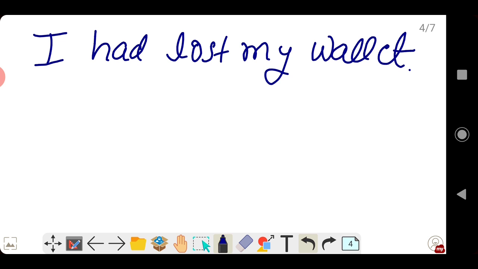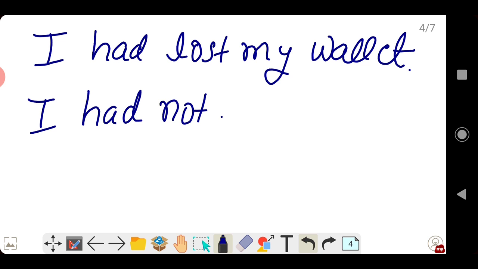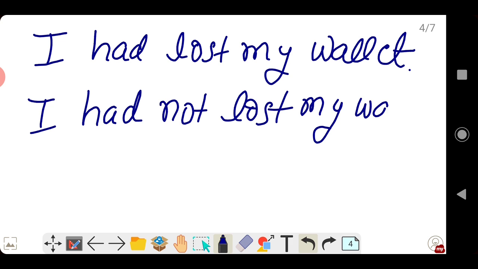And what about the negative one? I had not lost my wallet. If you are making a negative sentence, just make sure we use the verb third form here. It is not like simple past, where we use did not with the verb first form.